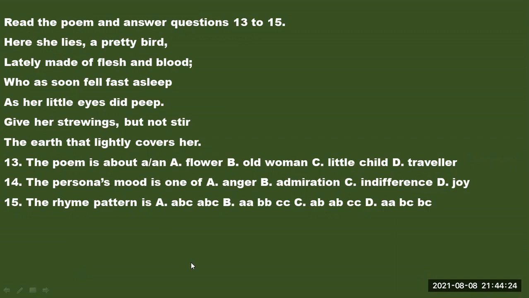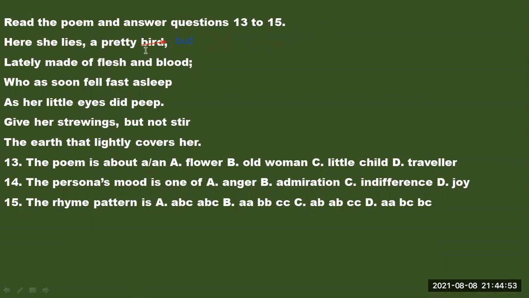All right. Let me pick something. All right. Here she lies, a pretty bird. Well, there is something here. I've just discovered that that is a typo. Now, the word used here is bud, B-U-D. All right. So not bird per se, bud.